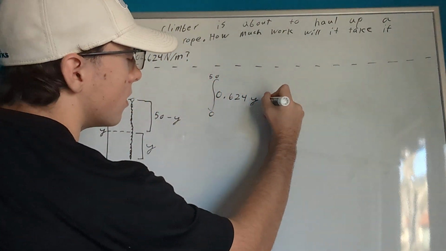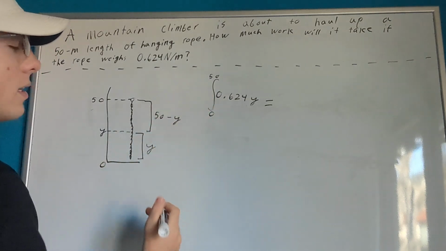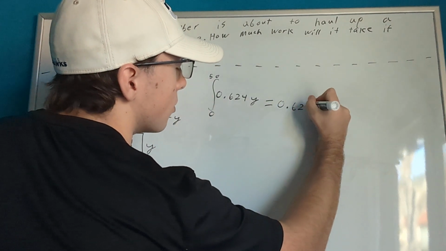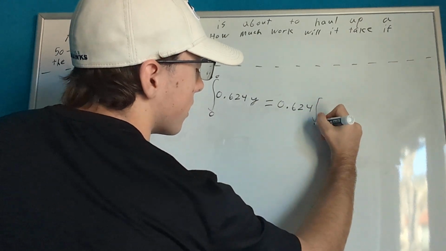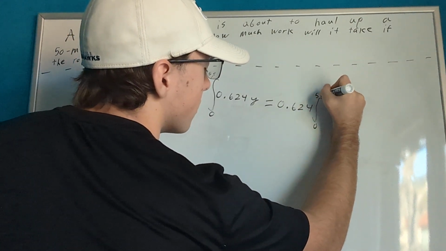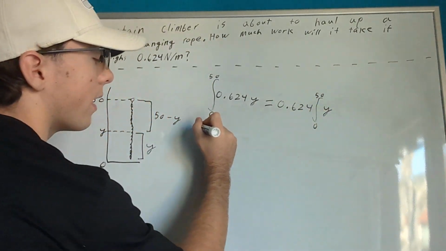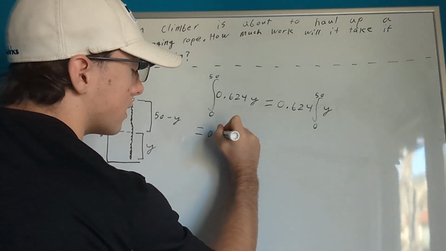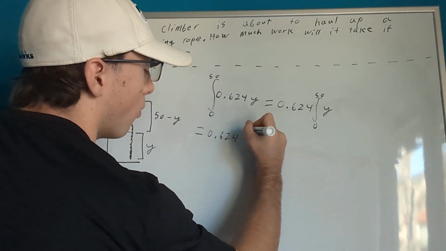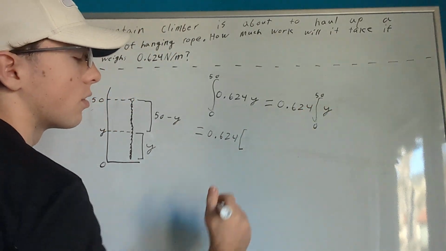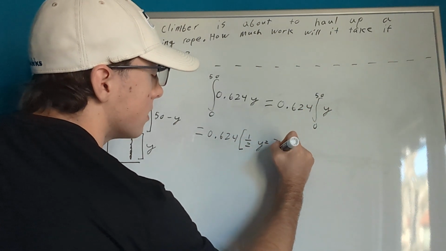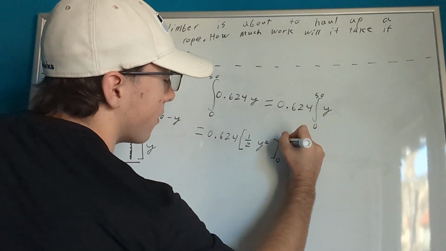So then we're just going to evaluate the integral here. Let's start with factoring out 0.624. Draw the integral again, 0 to 50 of y. Then we get 0.624, and then we take the integral of y, which is going to be 1 over 2 y squared, from 0 to 50.